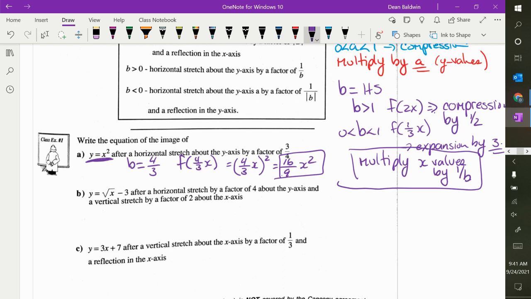All right, B. Y is equal to root x minus 3. We do a horizontal stretch by a factor of 4. So what's my B value? 1/4. And a vertical stretch by a factor of 2. So my A value is 2. You don't flip the A's. So we have Y is equal to 2f of 1/4 x.